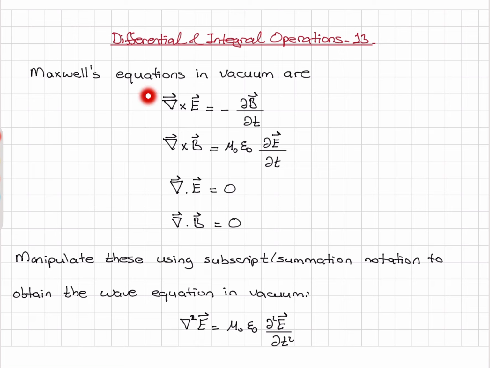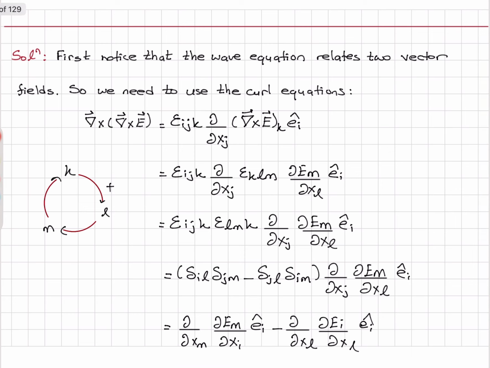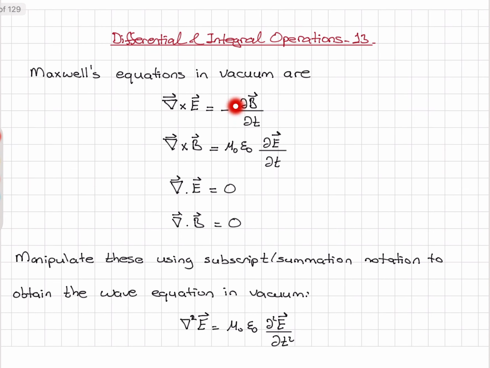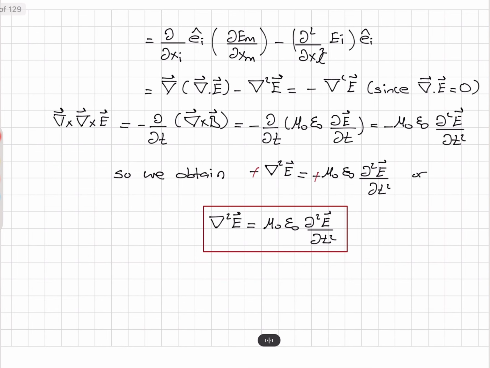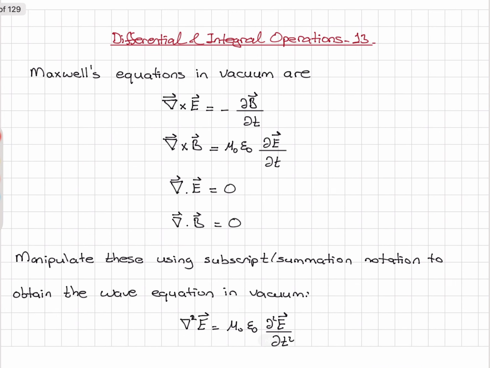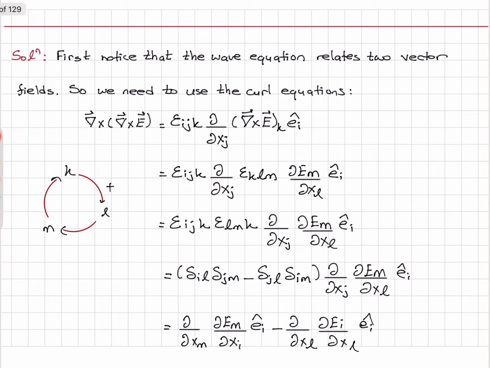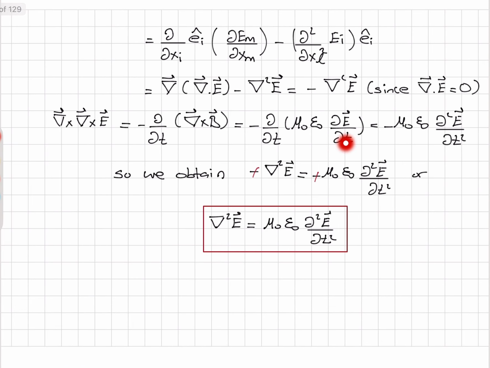I take the curl of this equation. Curl of curl E is minus d dt curl of B. So for curl of B, I substitute mu 0 epsilon 0 dE dt. That's what I did at the end here. That gives me minus mu 0 epsilon 0 second derivative of electric field with respect to time.